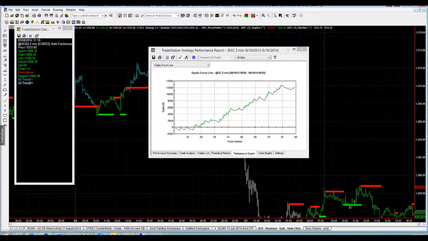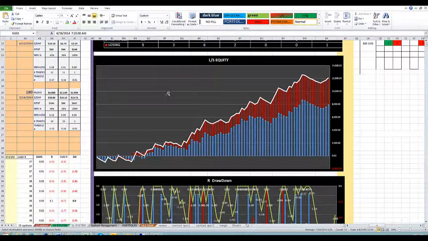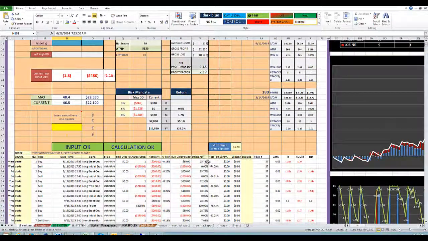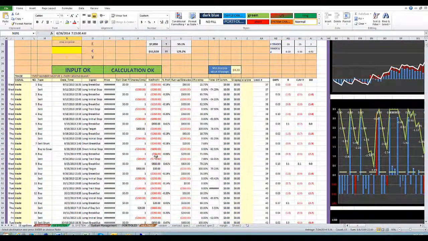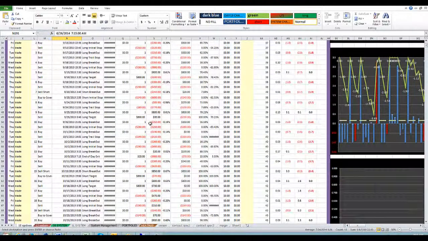If we bring up our portfolio manager and our spreadsheet where we track our trades in TradeStation, because every time you modify your strategy in TradeStation you've got to keep details and history of past data, otherwise your previous data will get changed as well.